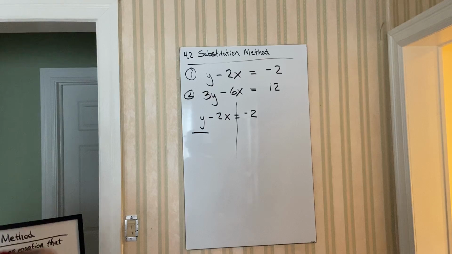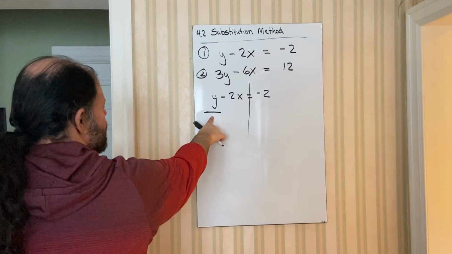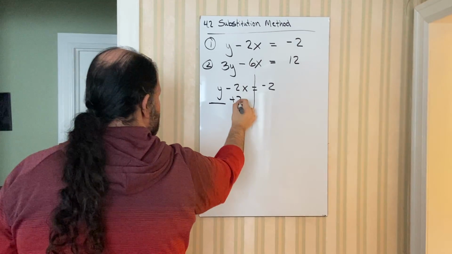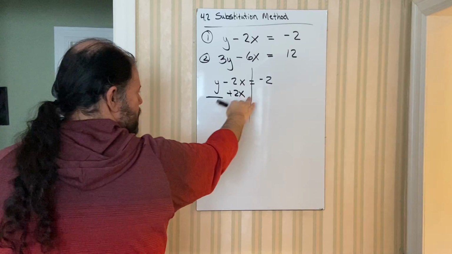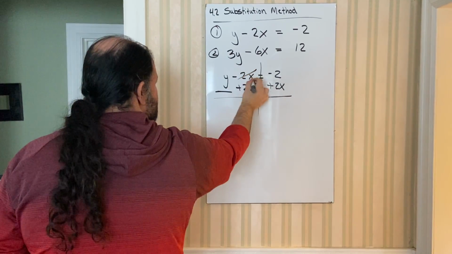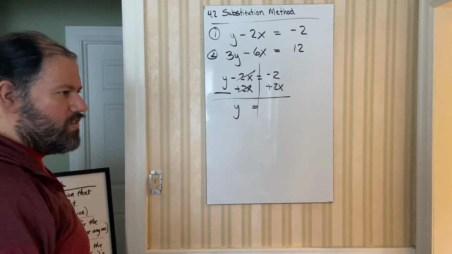We know to get rid of the 2x, anything that's added or subtracted to the underline, we do the additive inverse. Opposite of a negative 2x would be to add 2x. If I add 2x here, of course I'm going to add 2x to the right-hand side. So these cancel out to give me y, and then a negative 2 and a positive 2x.